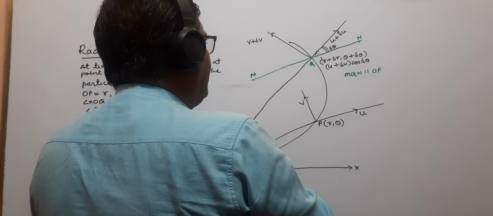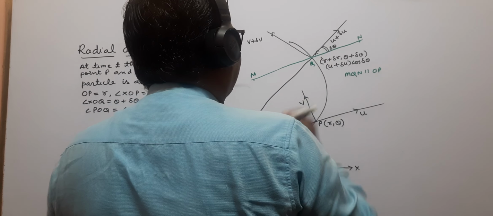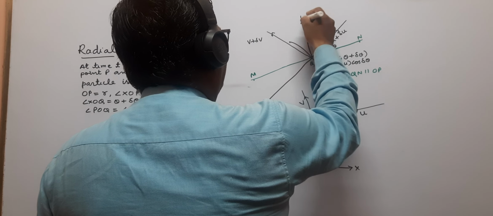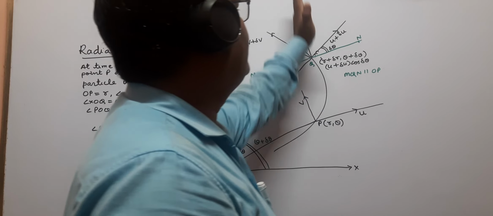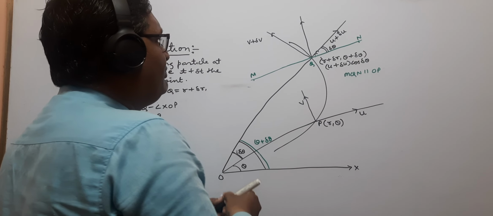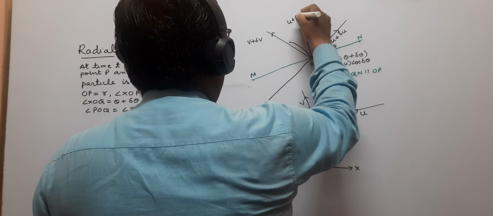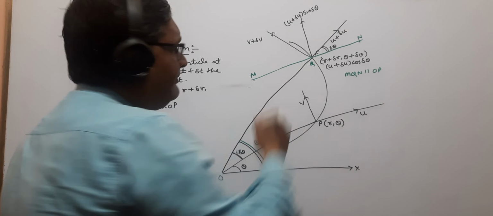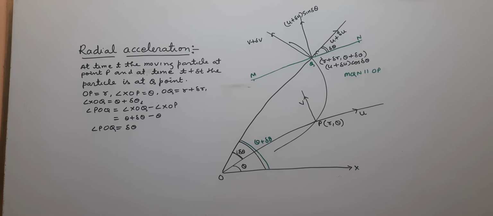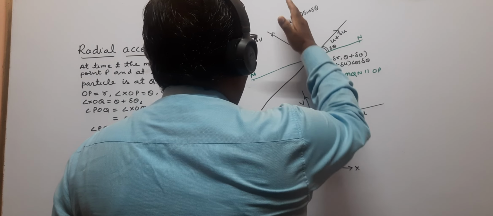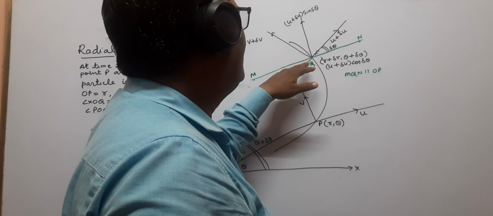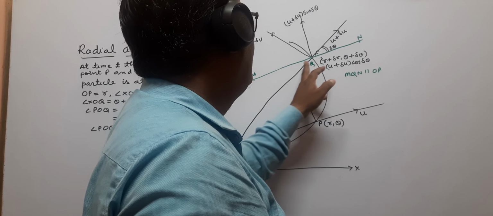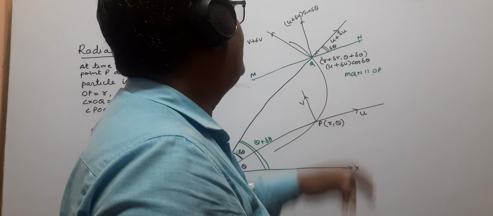Now we draw a line perpendicular to QN. We find the component of u plus del u along this perpendicular line, perpendicular to MQN, which is (u plus del u) sine del theta.